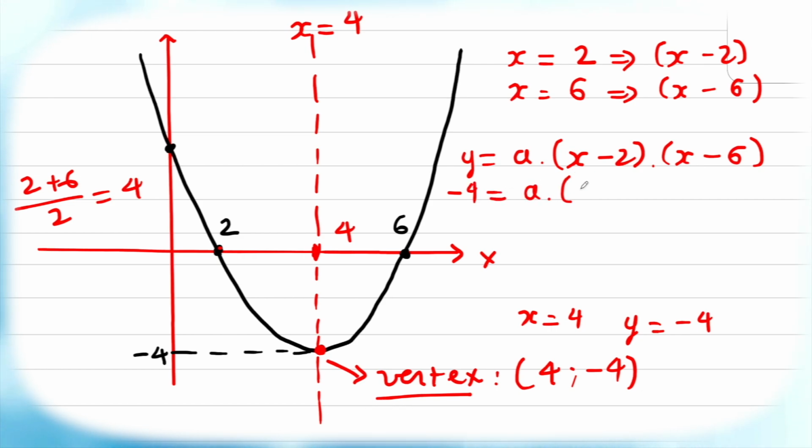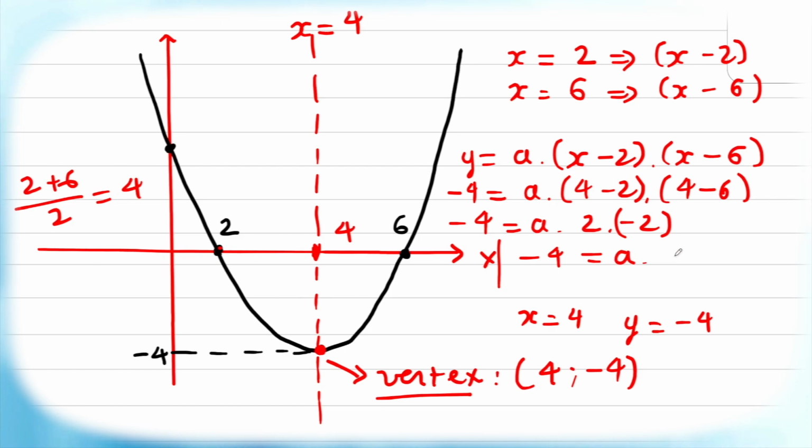You have A here, 4 minus 2 here, and 4 minus 6 here. Minus 4 equals A multiplied by 2 times minus 2, so minus 4 equals A multiplied by minus 4. After that, you get A equal to 1. Why A equal to 1? Because minus 4 divided by minus 4 is 1.